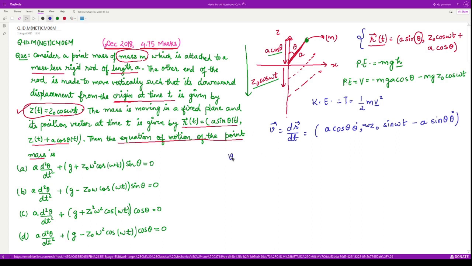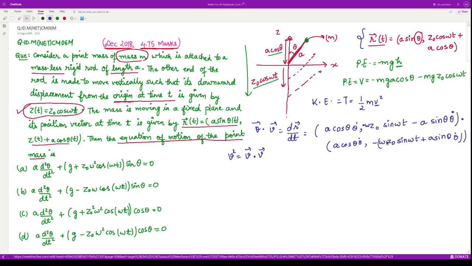So what is v square? V square is vector v dot product with vector v. So we have to take the dot product of this term. So we need to calculate v dot v. So it would be dot product of this term with this term, a cos theta theta dot, and then minus omega z naught sine omega t, and plus a sine theta into theta dot.